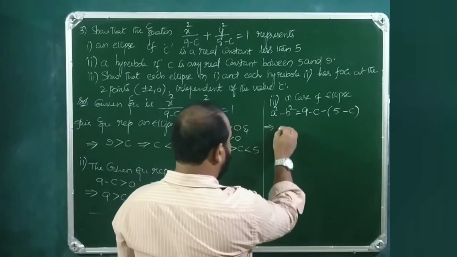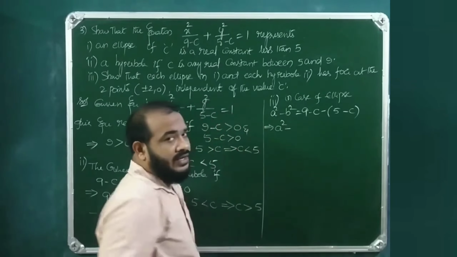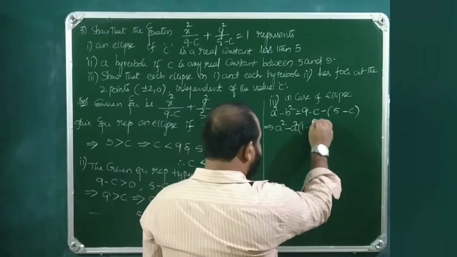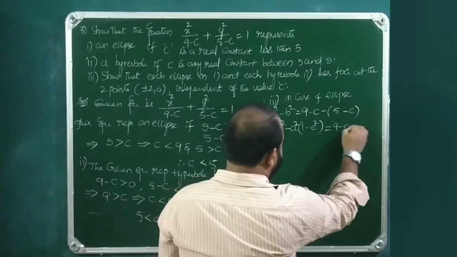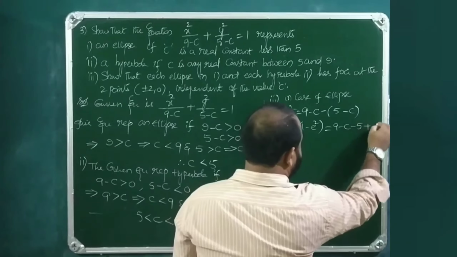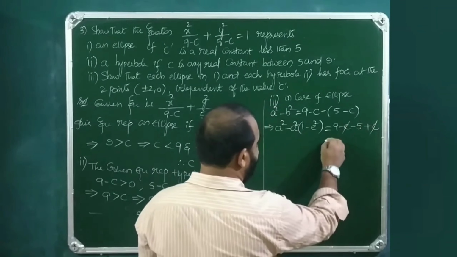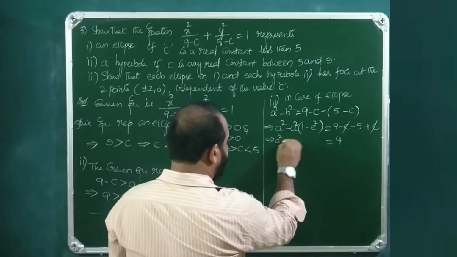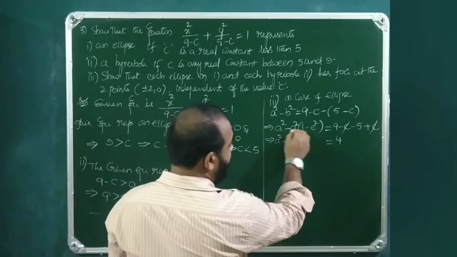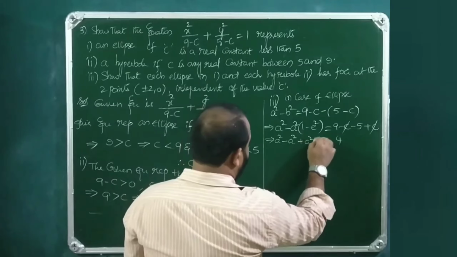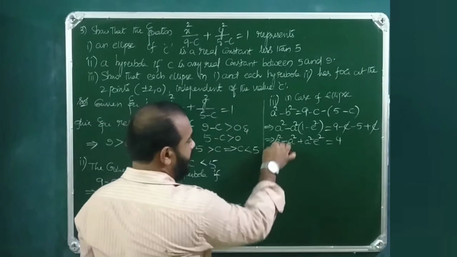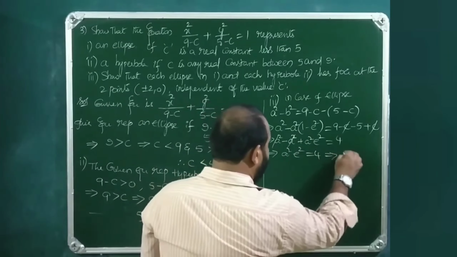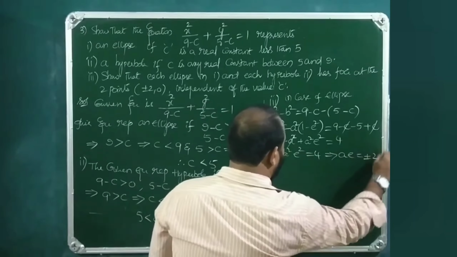So this is equal to a square minus b square, and in ellipse b square is equal to a square into 1 minus e square, that is 9 minus c minus 5 plus c. C gets cancelled. 9 minus 5 is 4. So a square e square equals 4. That means ae is equal to plus or minus 2.